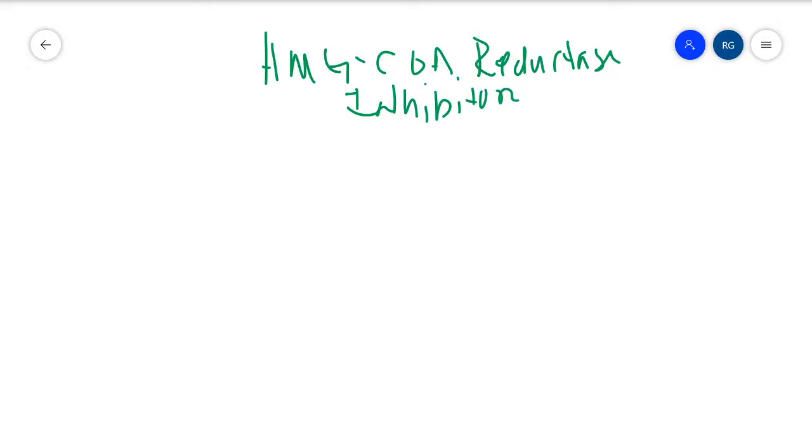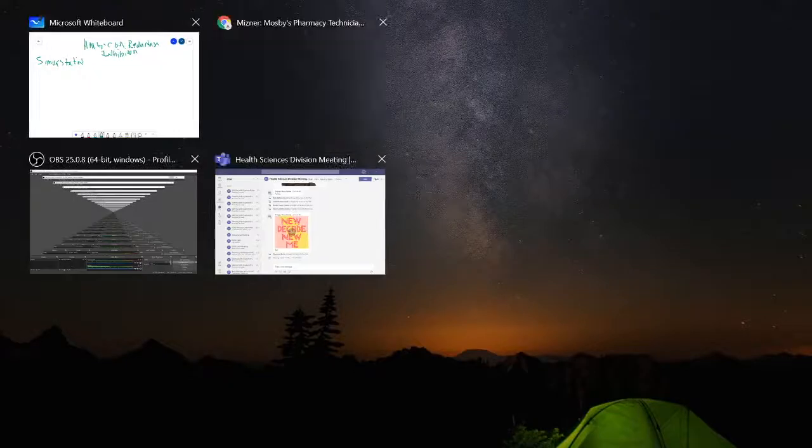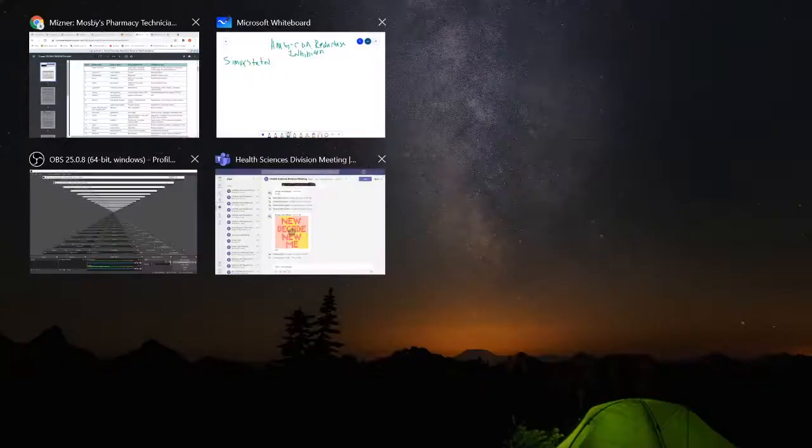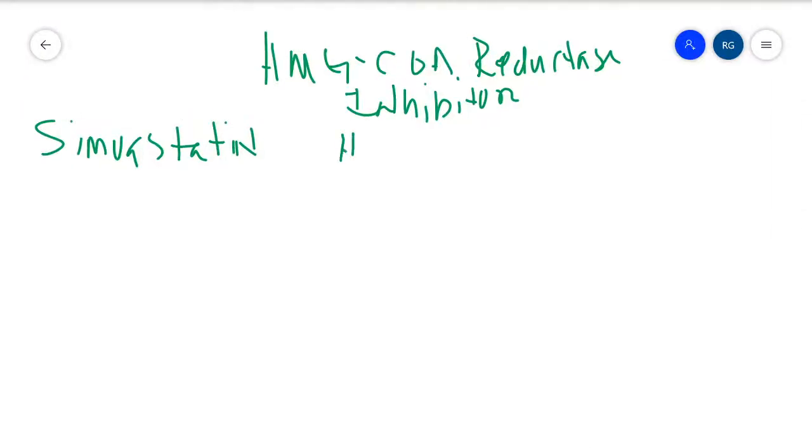Sorry, my spelling's not too good on this whiteboard. Simvastatin. Indication is for hypercholesterolemia, so high cholesterol.